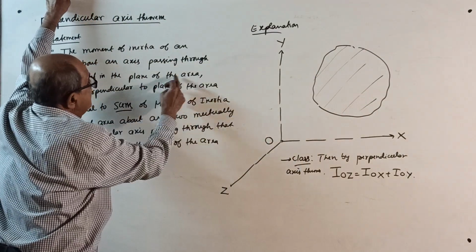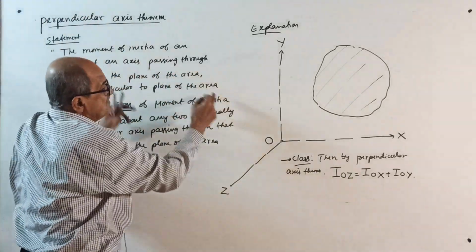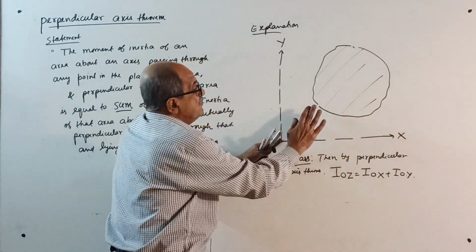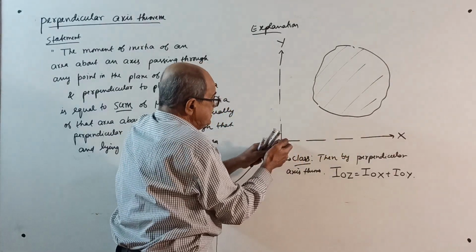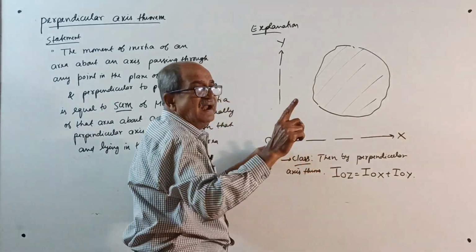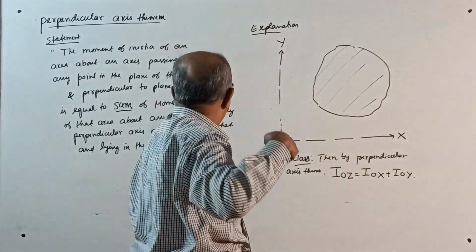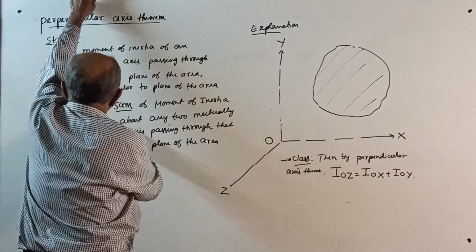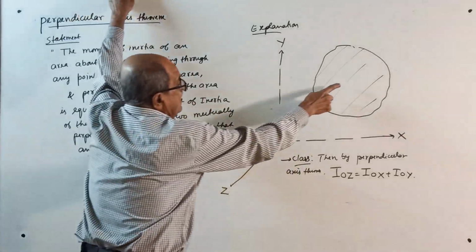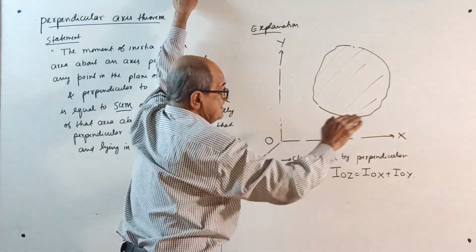Passing through any point O lying in the plane of the area, and the axis perpendicular to the plane of the area, the moment of inertia is equal to the sum of moments of inertia of that area about two mutually perpendicular axes.